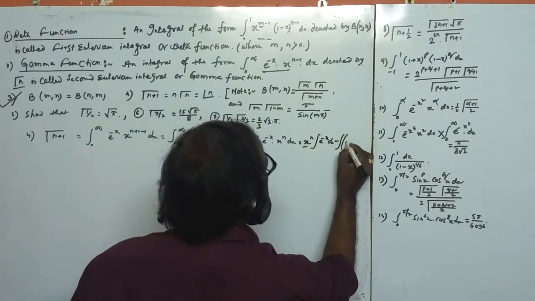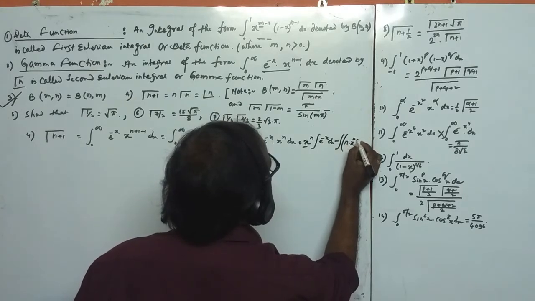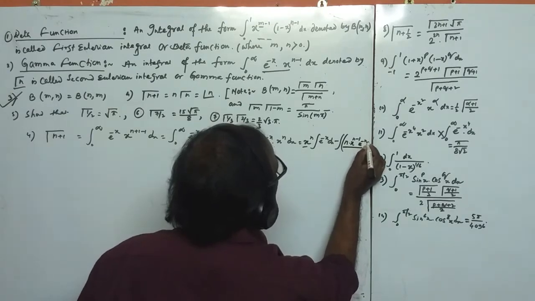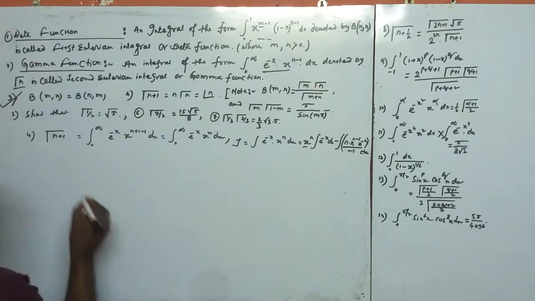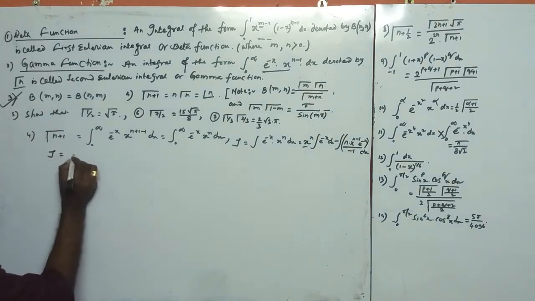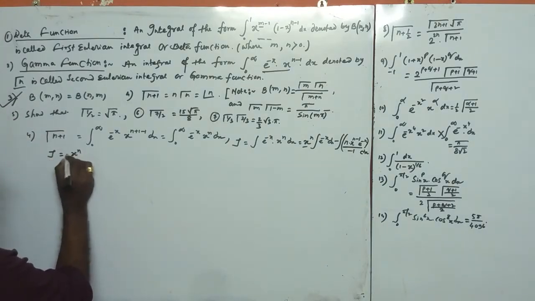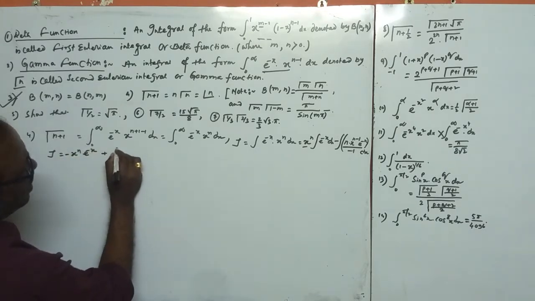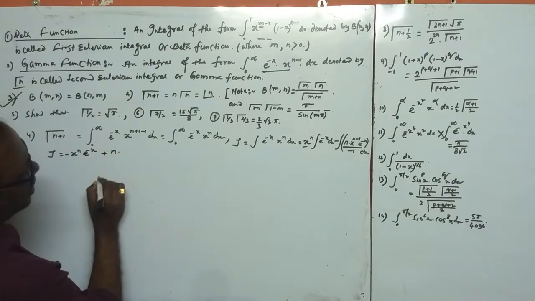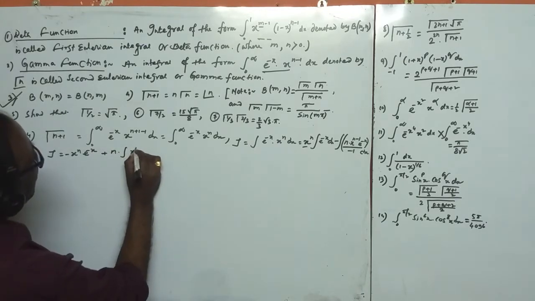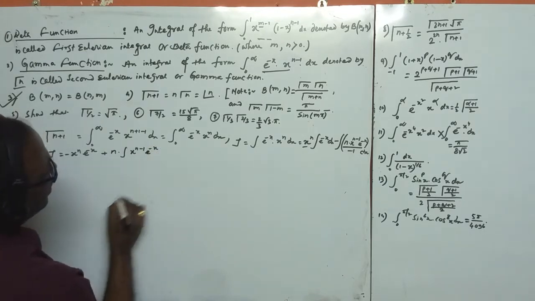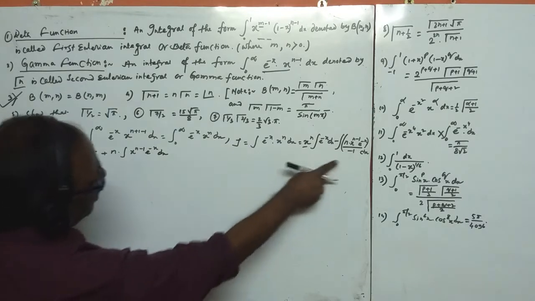Differentiation of that is n into x to the power n minus 1. Integration of that is e to the power minus x and minus 1 dx. And J is equal to x to the power n times minus e to the power minus x, and now minus minus plus, that is n x to the power n minus 1 e to the power minus x dx, minus minus plus here.